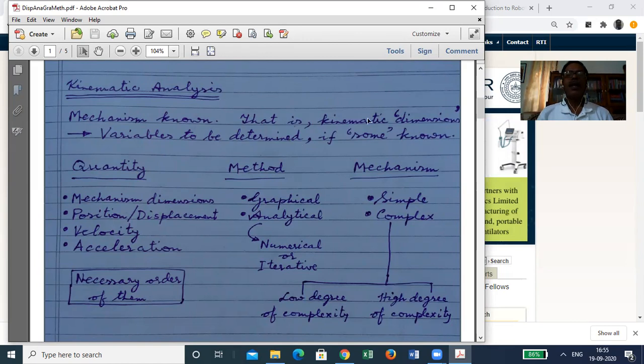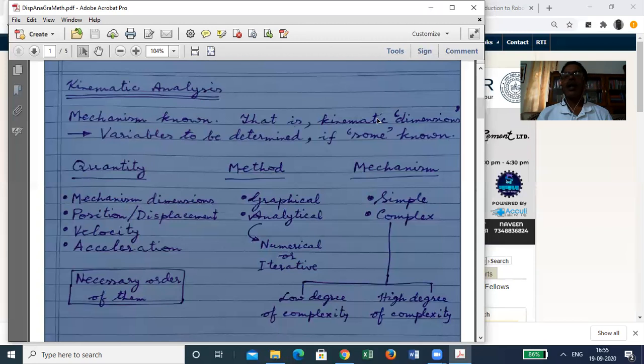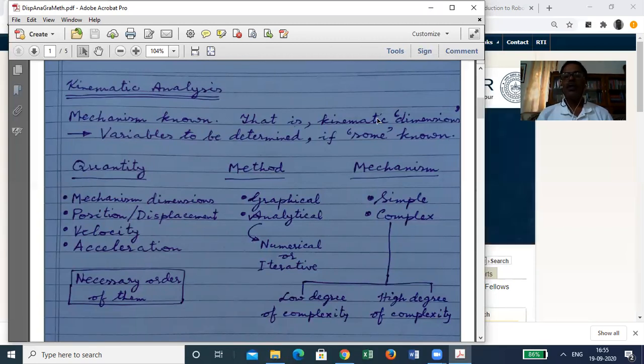Now, one can also say that suppose both the input and output are known, but one of the kinematic dimensions is not known. The question posed is that these are the other kinematic dimensions of the mechanism except one, which we are trying to find out. Now tell me what should be that missing dimension such that for this value of the input, the output should be this.